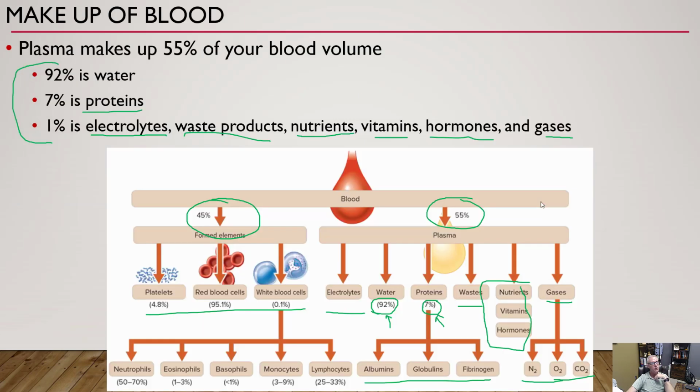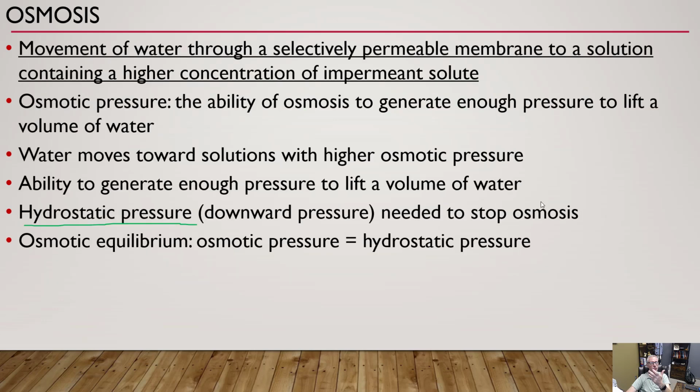But what we can do is flip that definition to say it's the movement of water through a selectively permeable membrane, so far nothing new, to a solution containing a higher concentration of impermeant solute. Does that make sense? So we'll look at this in a couple slides.